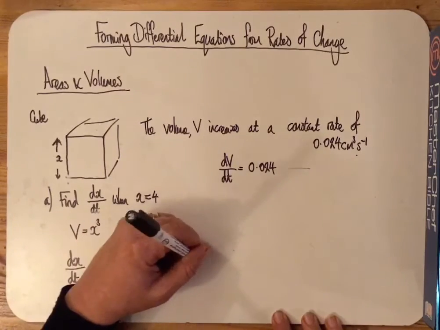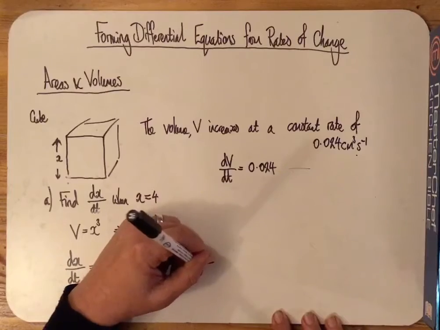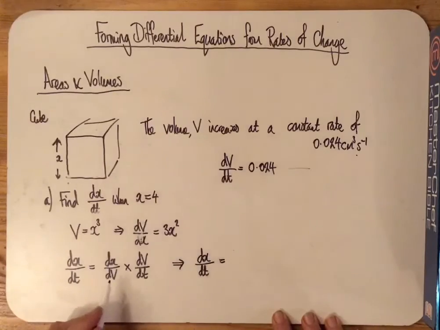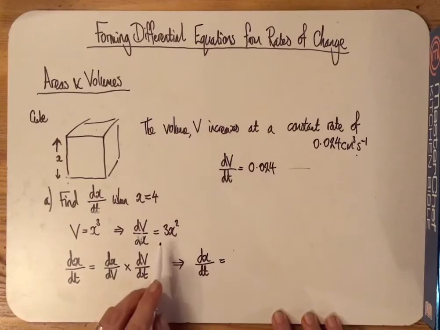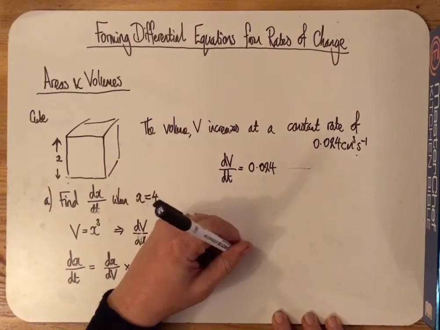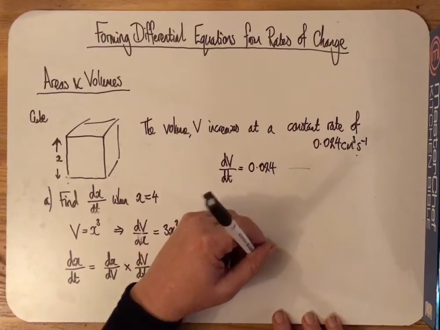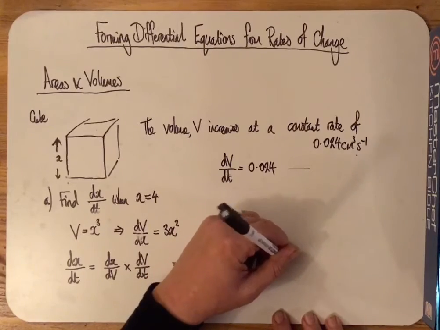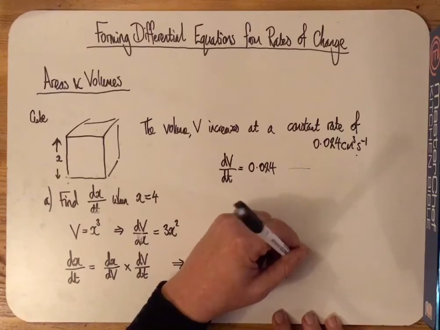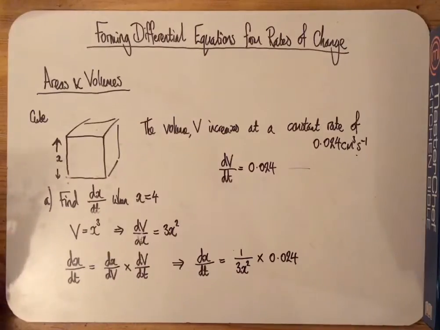So dx/dt is equal to dx/dV, which is 1 over dV/dx, times 0.024. This isn't lending itself to nice exact numbers particularly well.